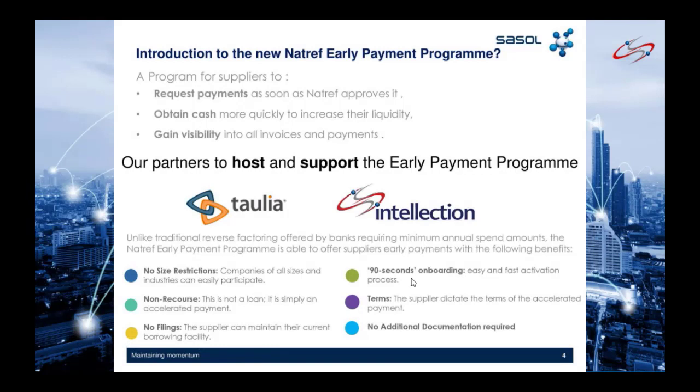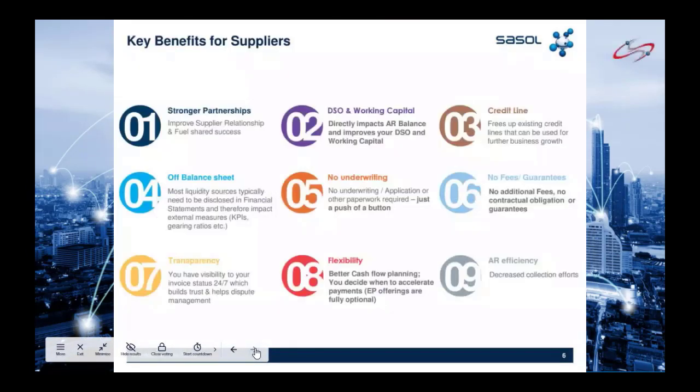So now I'll go into some more detailed benefits of the program. Firstly, there are no fees or guarantees required. There will be no subscription, monthly or annual fees required from you to join the program. It's a great transparency tool.